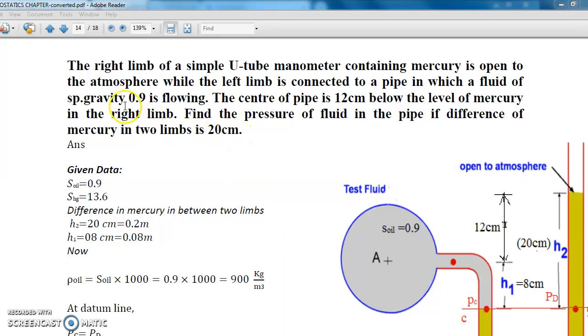After reading the question, first you have to draw the diagram. So first, what is given? It is a U-tube manometer.